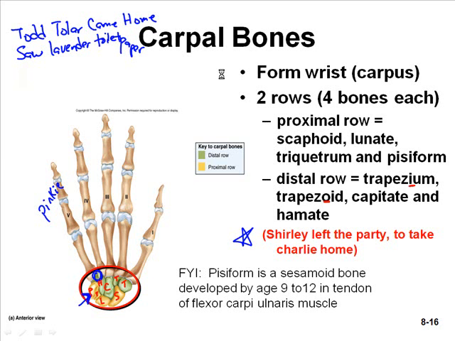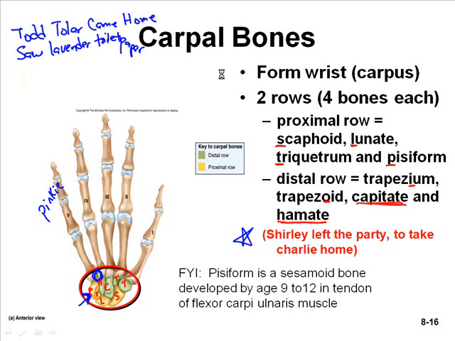Well, trapezium with the I comes before trapezoid with the O. Then, of course, next to that you would have the capitate, and then I mentioned that the hamate is directly above where the pisiform is, and pisiform, make that distinction that it's there at the pinky side of the wrist. The proximal row, you would use that saw lavender toilet paper, so that you have the scaphoid, then the lunate, then the triquetrum, and then the pisiform.